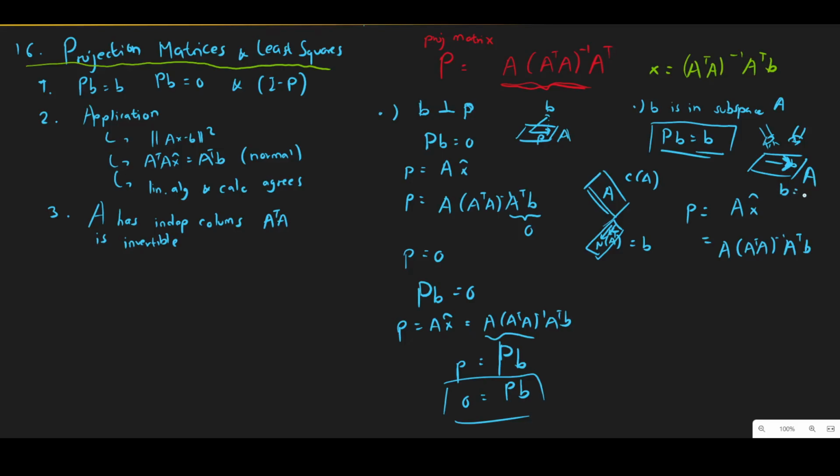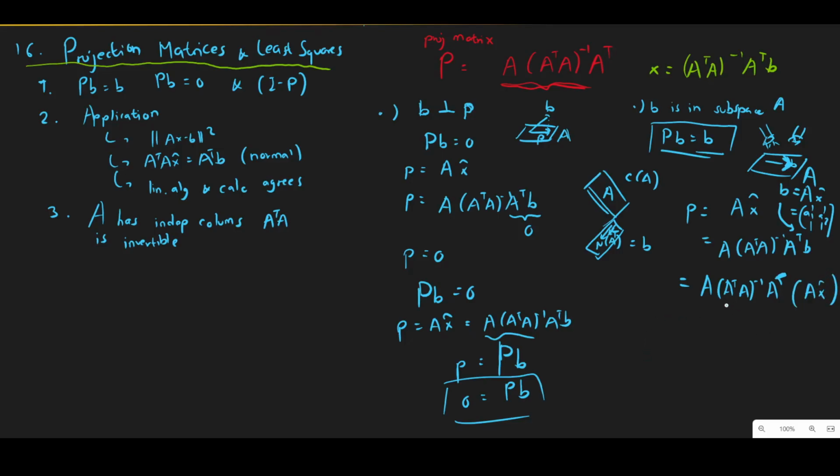Well, B will be just the same as A x hat, right? Because now B is just an x hat combination of some bases from A. So again, it's just a combination of two of them. So let's substitute this into here. So I will get this form, with A transpose here, and then this will be A x hat.